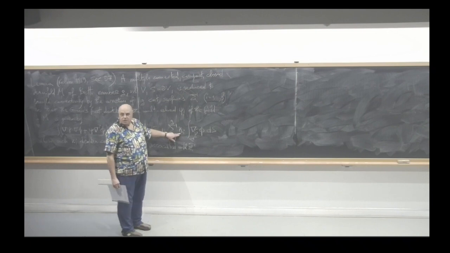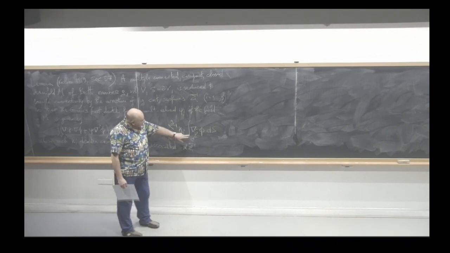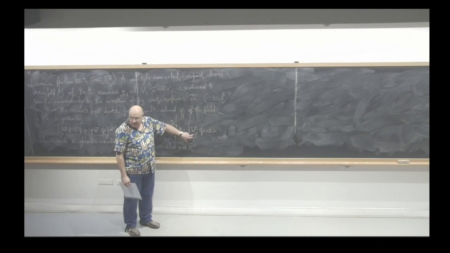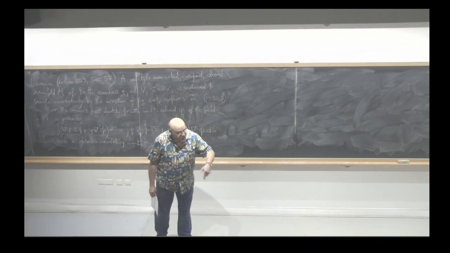You know, you have a number of holes. So you have, this is a flux through the cut surface. So the flux can also be interpreted in terms of circulation.